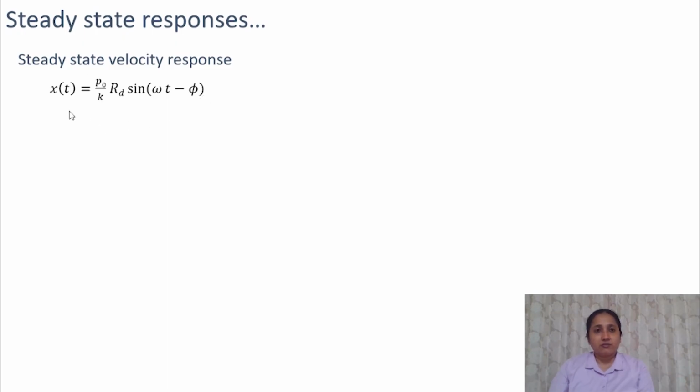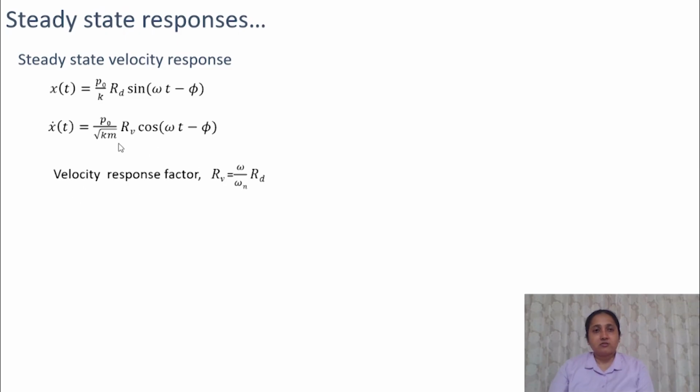So if you differentiate this once, you will get the velocity response. The velocity response can be written as P naught by root Km Rv, where Rv is the velocity response factor, multiplied by a cos function in omega t minus phi.